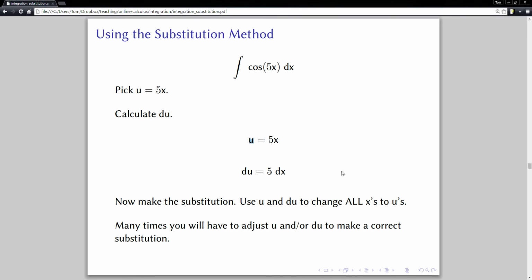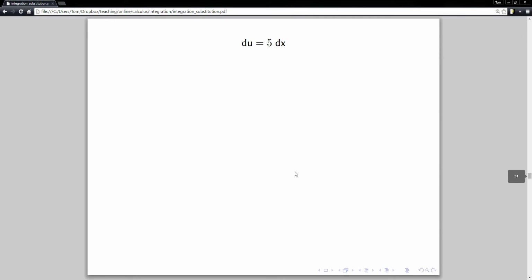So what that means is that in this problem, I'm going to have to adjust this formula right here. I'm going to have to adjust du to make it fit the problem. All right, so du equals dx. I noticed in my problem that I only have dx in there. And so what I'm going to do is multiply both sides of this equation by 1/5. Over on the right-hand side, 1/5 times 5 will cancel each other out and give me a 1.